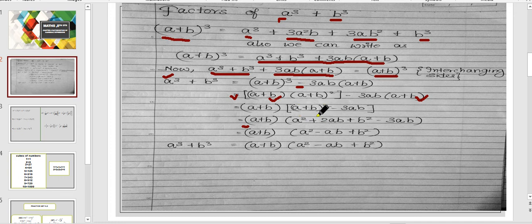For that, how will you write a plus b whole square? The formula is a square plus 2ab plus b square. Like this you will open the small bracket inside the large bracket, and the same thing, minus 3ab, will be as it is, right?